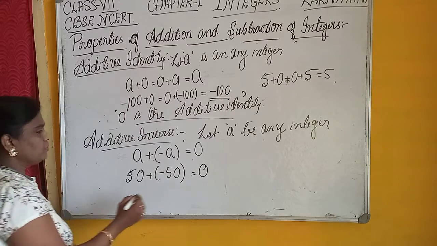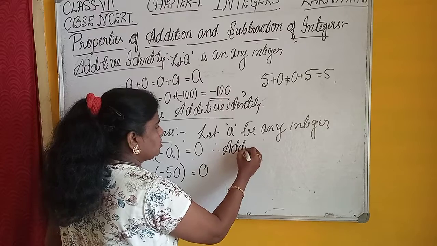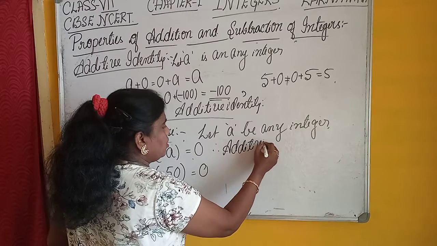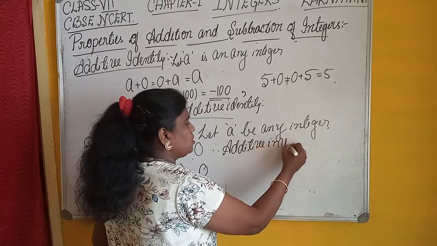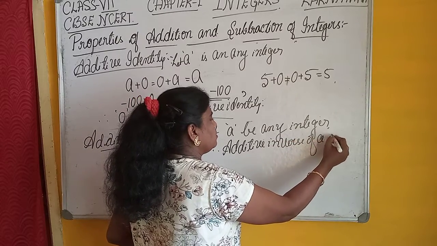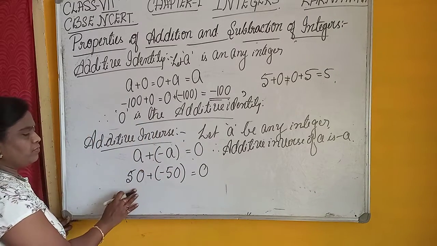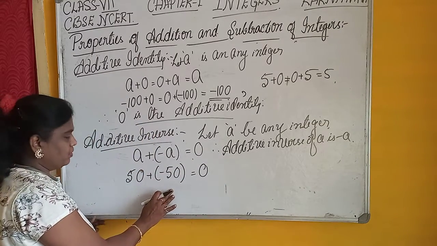Therefore, the additive inverse of A is minus A. In the same way, the additive inverse of 50 is minus 50.